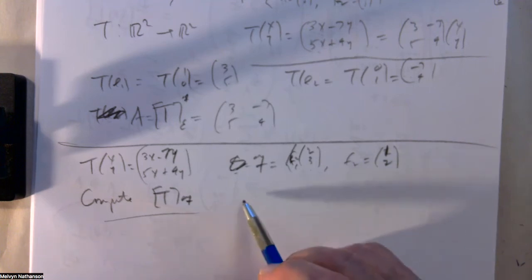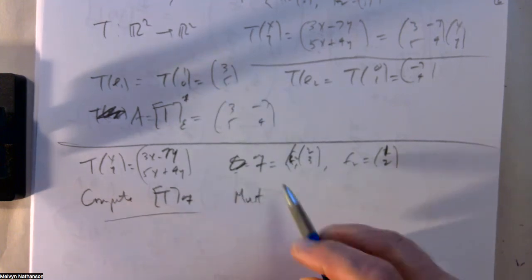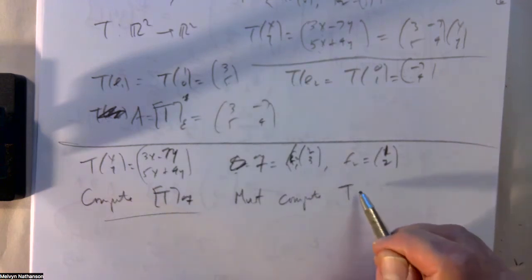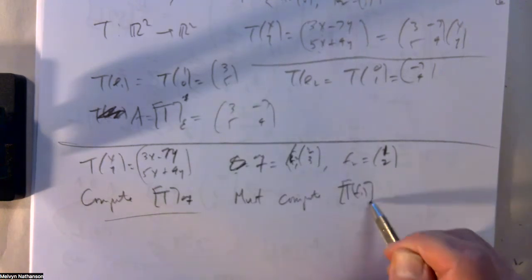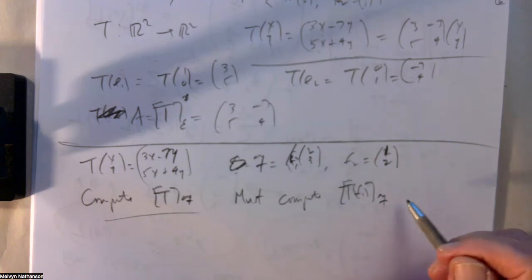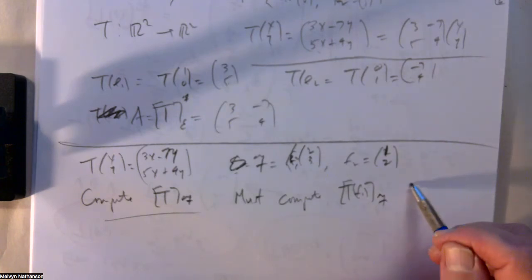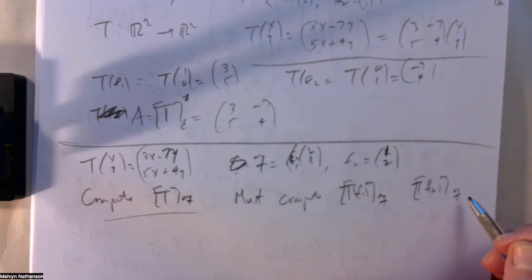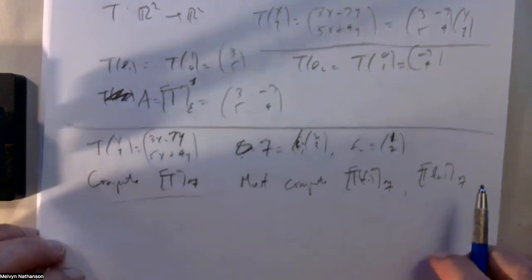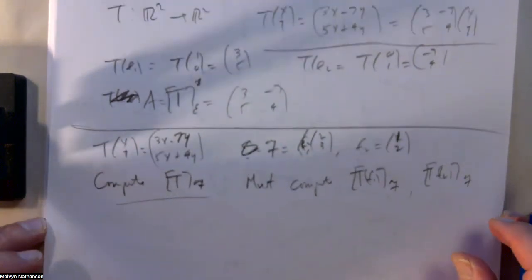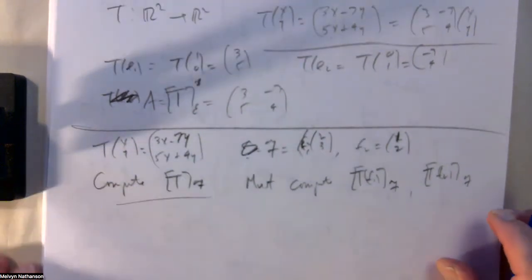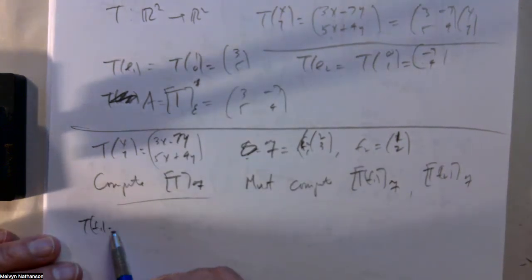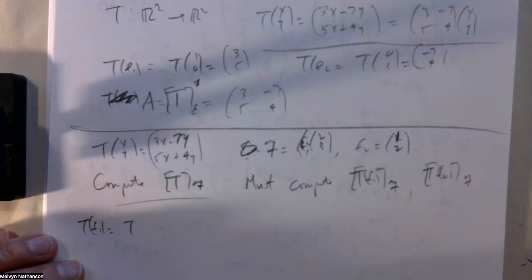Okay, so I have to compute T of the vector F1, the coordinate vector with respect to the basis F, and T of F2, the coordinate vector of that with respect to the basis F. So this is a little bit of work, but we'll do it. So T of F1, what is F1?